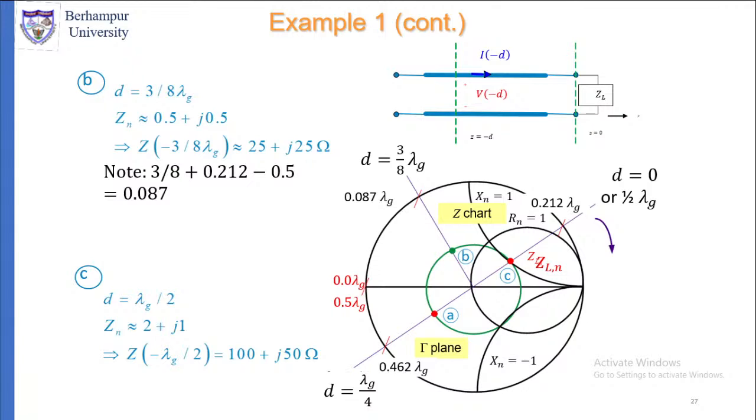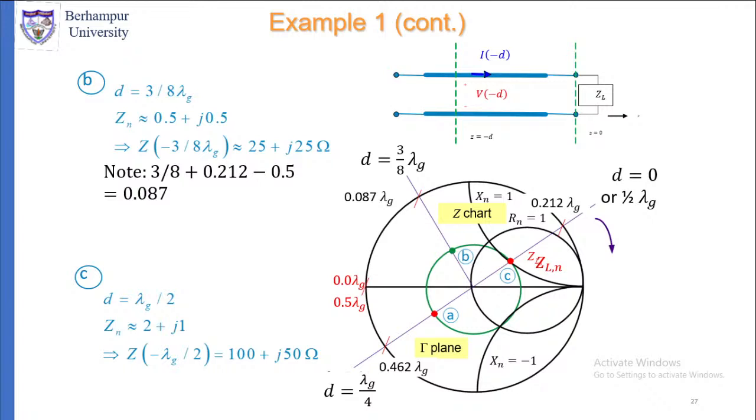That will cross the VSWR circle at the point B. Then you can find the values of resistance and reactance at the point B. So this is how you find it for D equal to 3 by 8 lambda g.